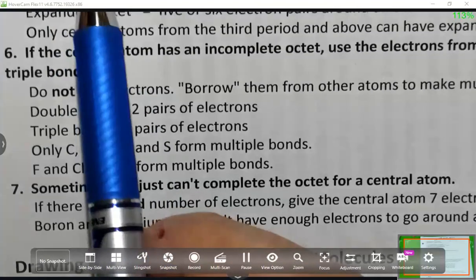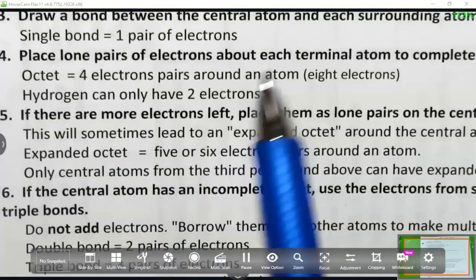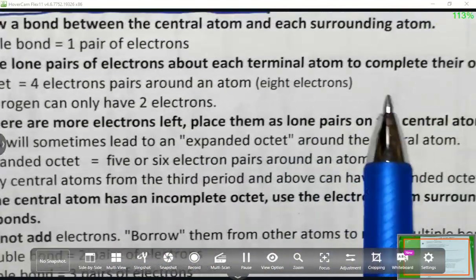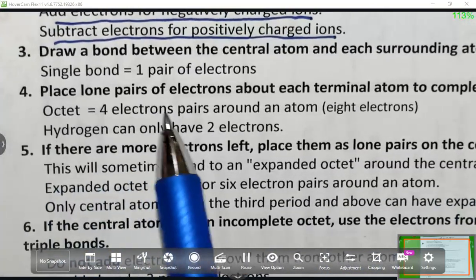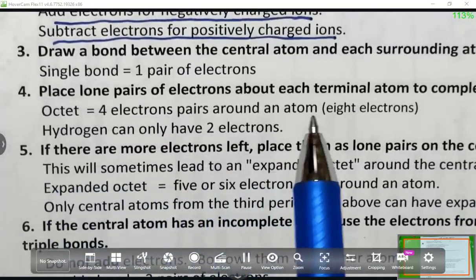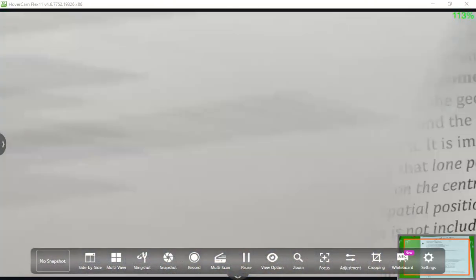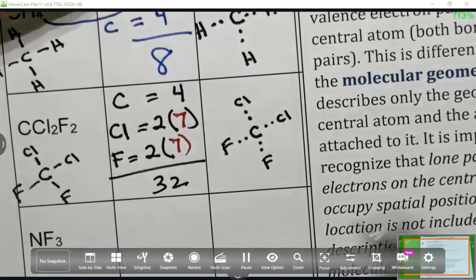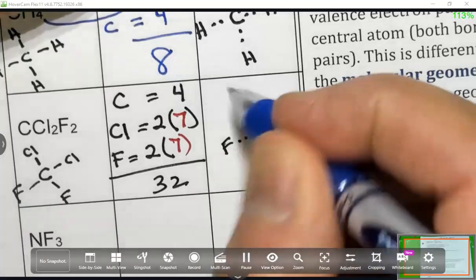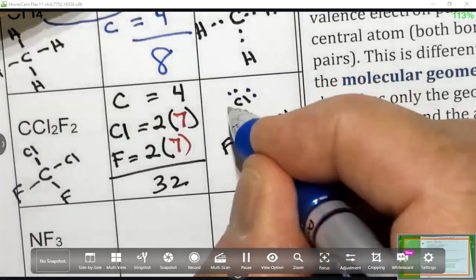Step 4. Place lone pairs of electrons about each terminal atom to complete their octets. An octet is 4 electron pairs around an atom, 8 electrons. Hydrogen can only have 2 electrons, okay? So I'm going to come in here with a different color, it doesn't really matter. But now I'm going to complete the octets on my outer electrons, my terminal atoms.